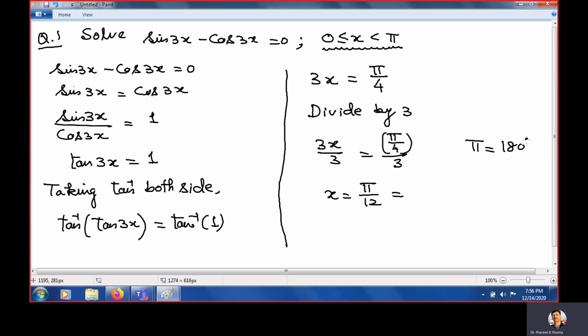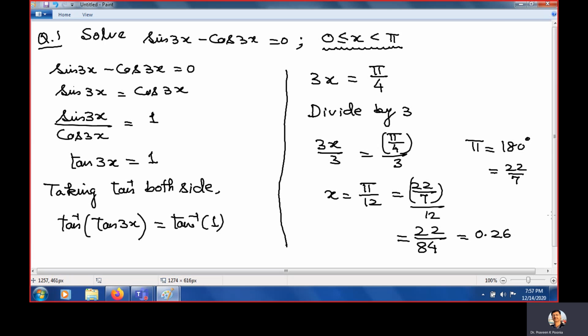In angle it is 180 degrees, but in radian value it is 22 upon 7. So if you put 22 upon 7 and upon 12, it is 22 upon 12 times 7, which is 84. And if you solve it, it will be 0.26 almost.